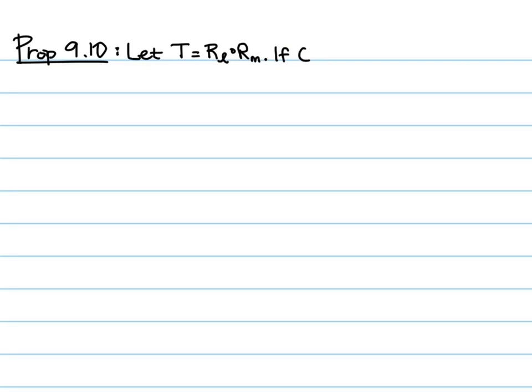If Q lies on T, T is the common perpendicular, then Q prime is double the length of AB.